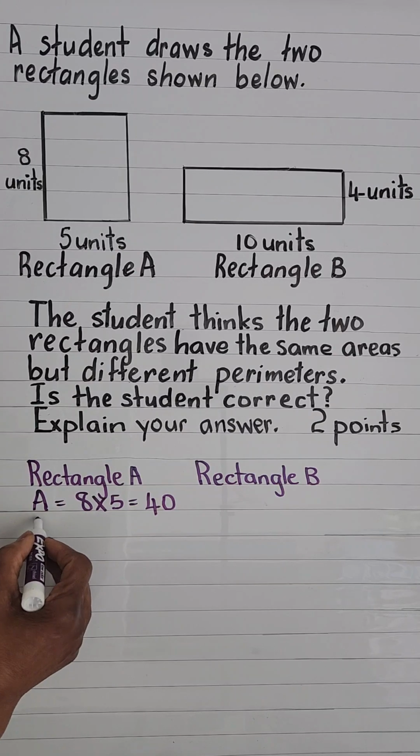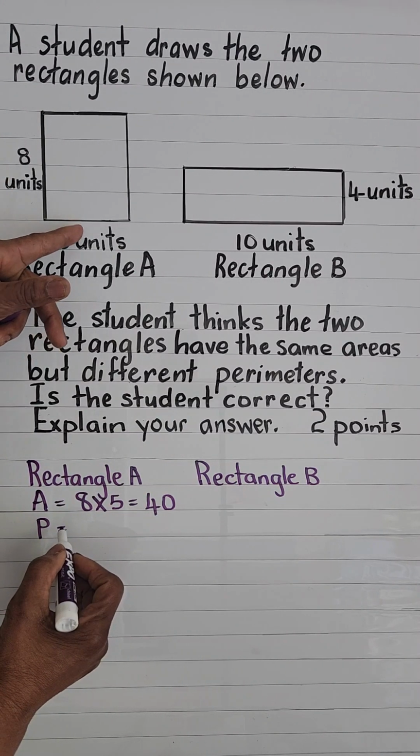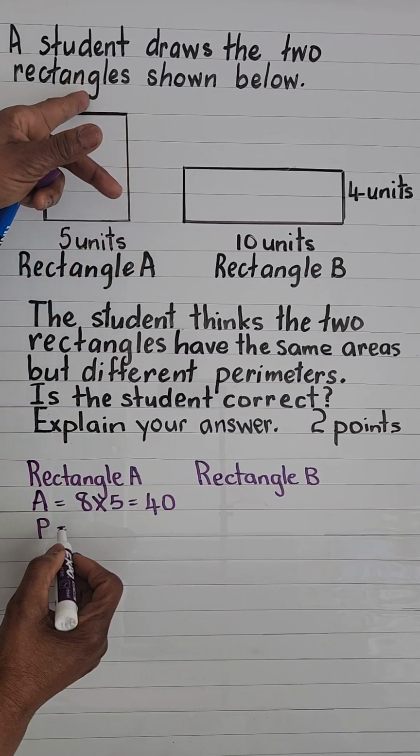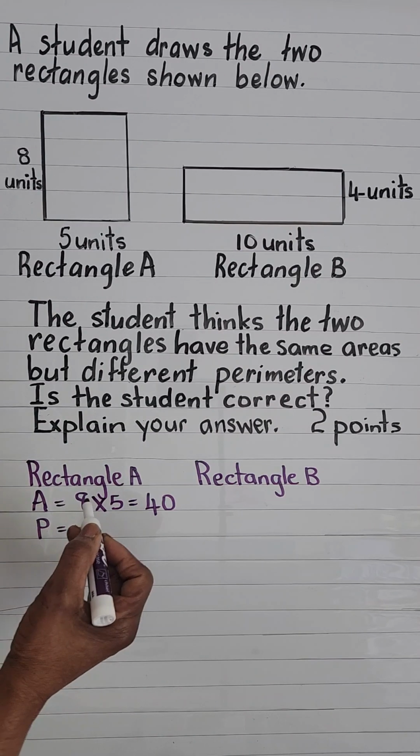Perimeter equals side plus side plus side plus side, or we can say 2 times length plus width.